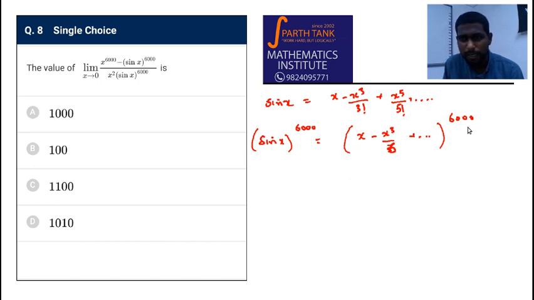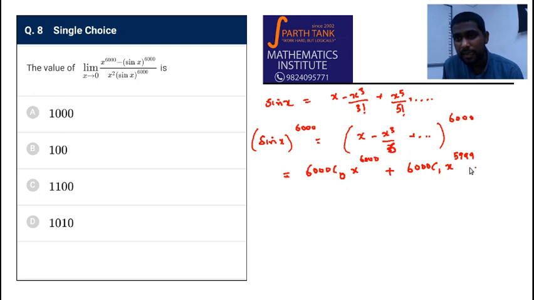If you consider this as a binomial series, the first term is going to be 6000 C1, the first term power 6000, second term power 0, right? And then plus 6000 C0, excuse me, then 6000 C1, x raised to 6000 minus 1 is 5999, and x cube by 6 power 1.